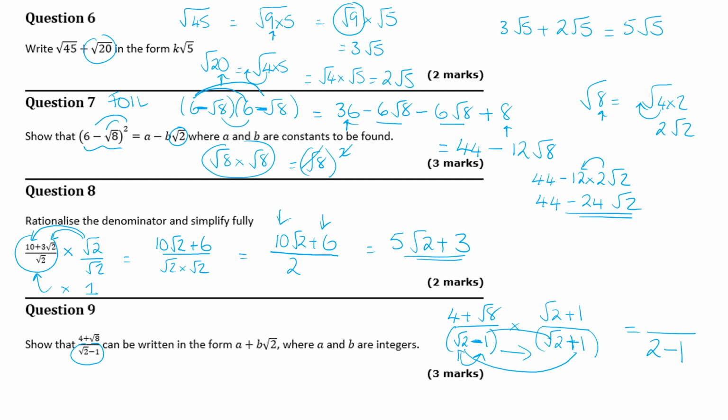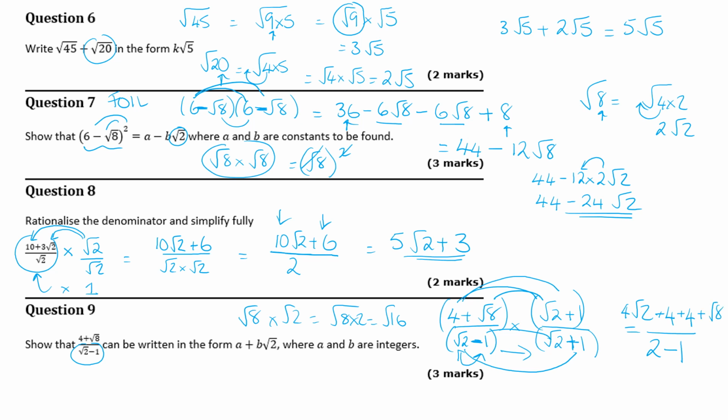Now we need to multiply these two on the top, so first will be 4 root 2, outers will be 4, inners root 8 times root 2, we can put them under the same root, which is 8 times 2, which is root 16, which is another 4, and then the last is plus root 8.